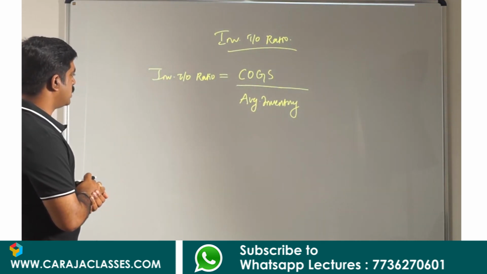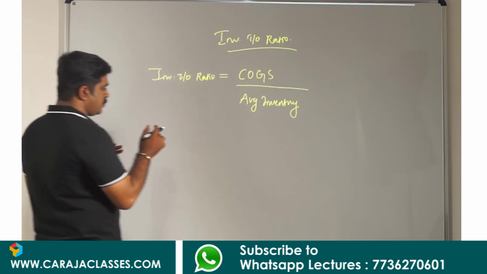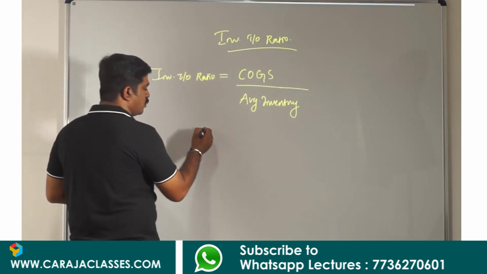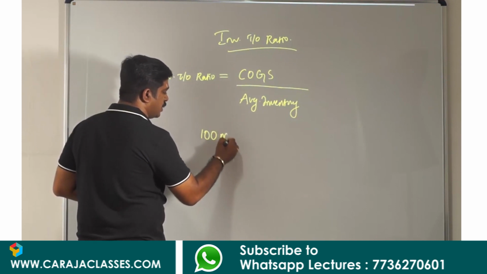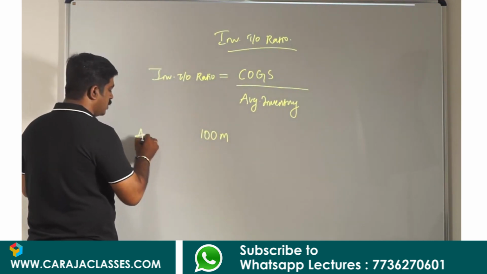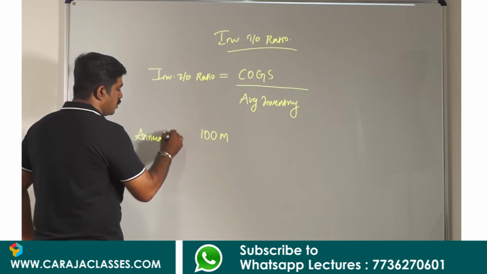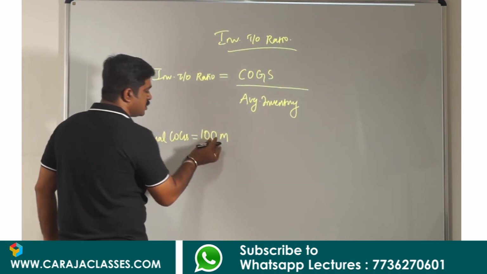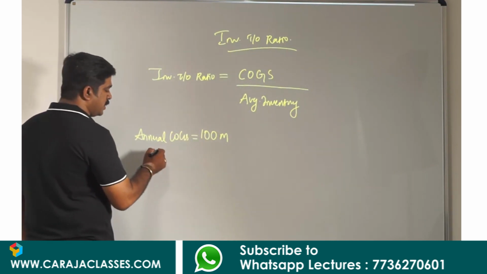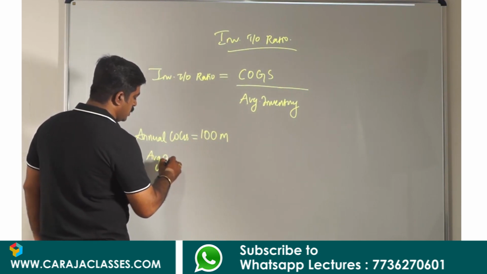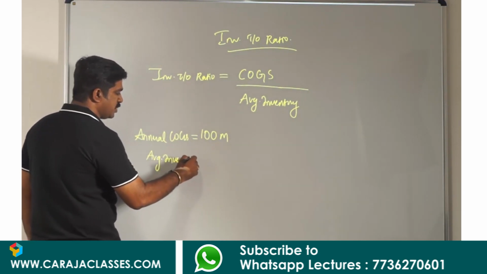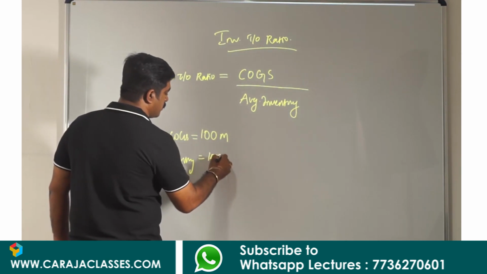To understand, let's say the cost of goods sold for a company is something like 100 million. This is the annual cost of goods sold. Annual cost of goods sold is 100 million, and the company keeps an average inventory of, let's say, 10 million.